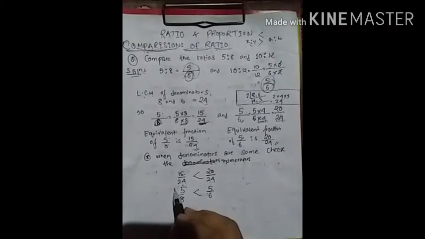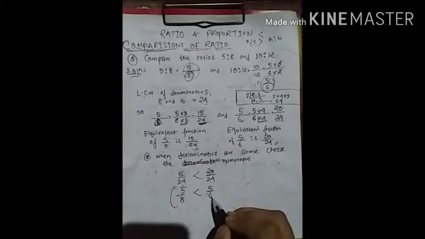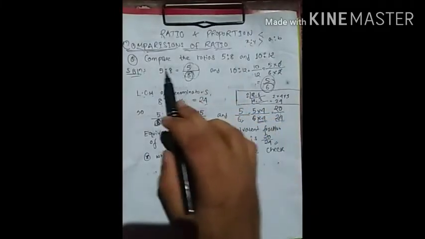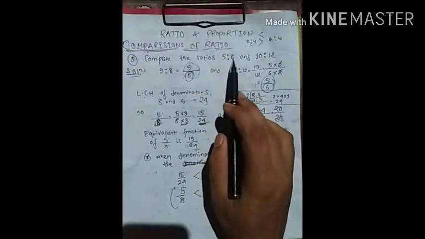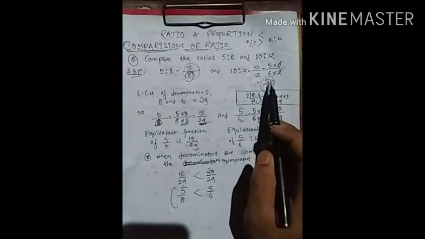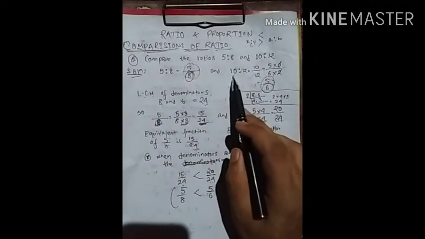Now see, our question was not to compare between 5 by 8 and 5 by 6. Our question was to compare the ratios 5:8 and 10:12. Now we know that we got 5 by 6 from 10:12.